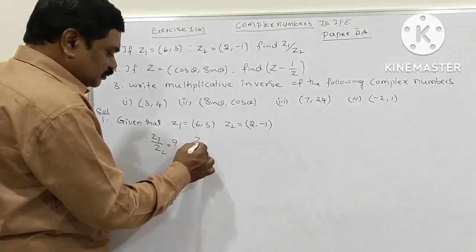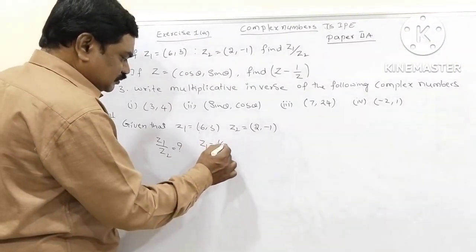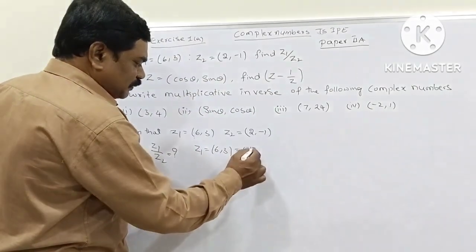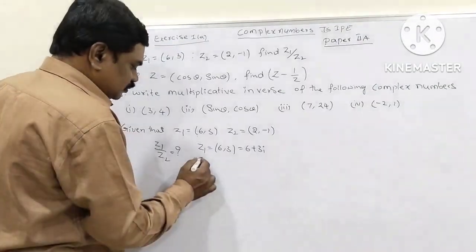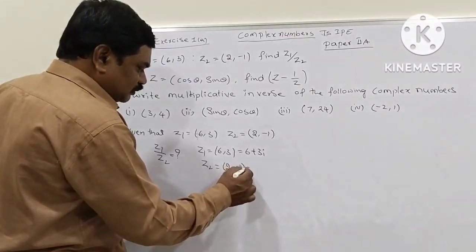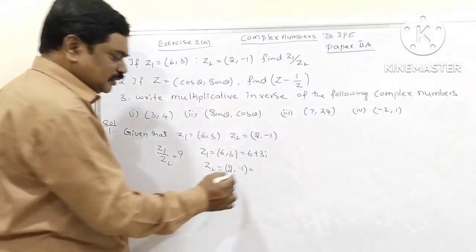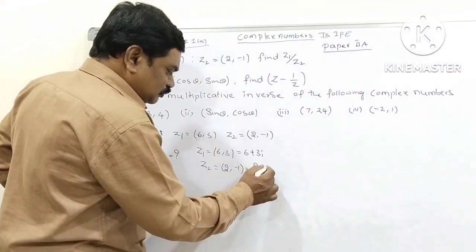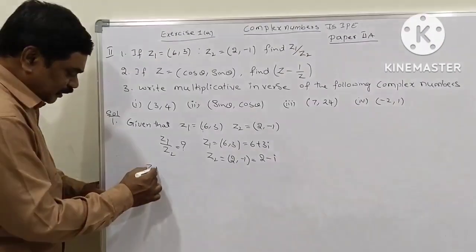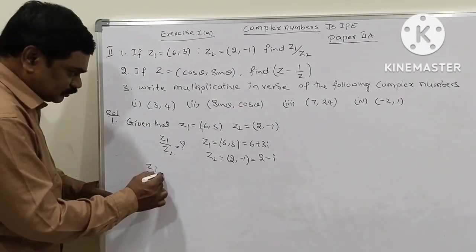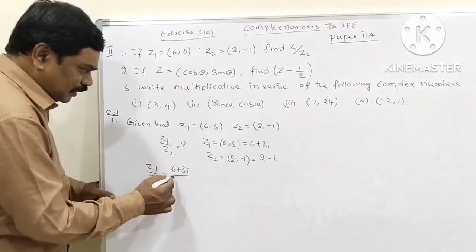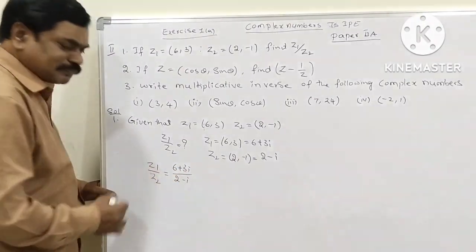So z1 is equal to (6, 3). It can be written as 6 plus 3i. z2 is equal to (2, minus 1), the ordered pair is given. It can be written as 2 minus i. So z1 by z2 is equal to what? 6 plus 3i by 2 minus i.